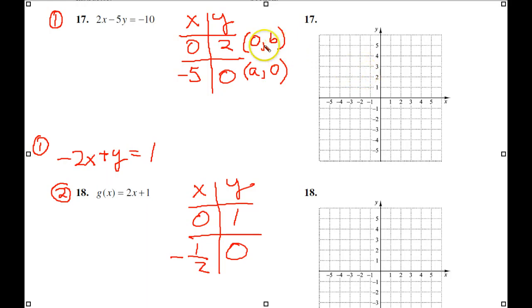So when you go to graph this now, 0, 2, it's right there. And -5, 0. -5, 0 is right there. And this one's going to be 0, 1. And a -1/2 is right there, halfway between 0 and -1.